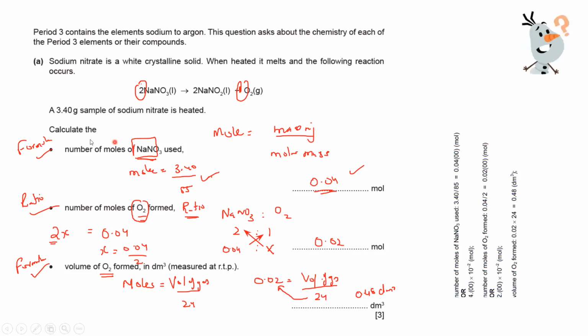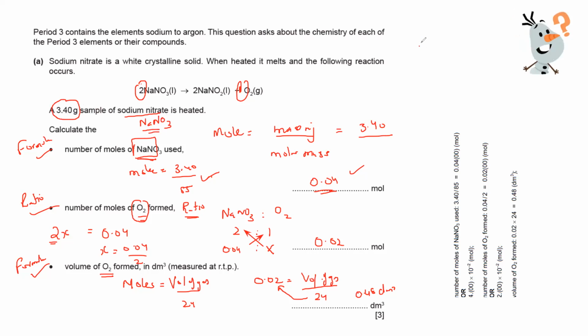So what we did in the first part, we were having 3.4 grams of sodium nitrate. So we have the mass and we need moles. How to get the moles from mass? The mass in gram divided by molar mass will give us the moles. So mass in gram is 3.4. And what about the molar mass? Molar mass means molecular mass of sodium nitrate.